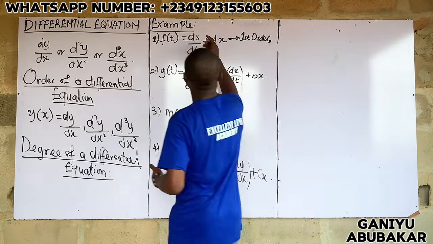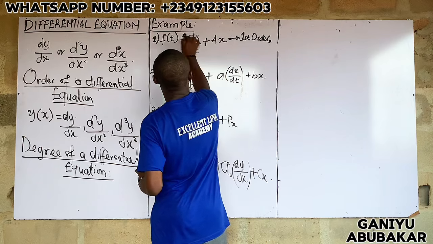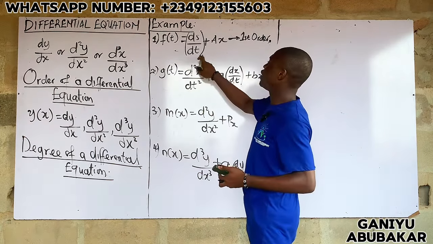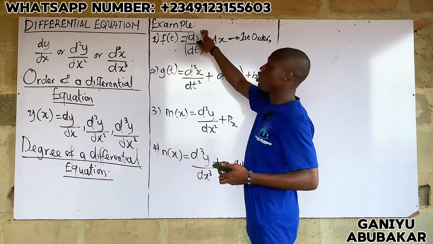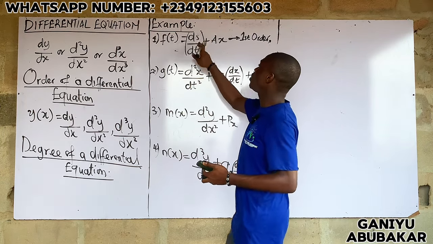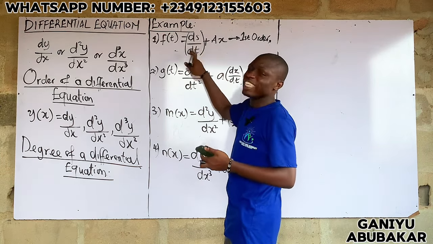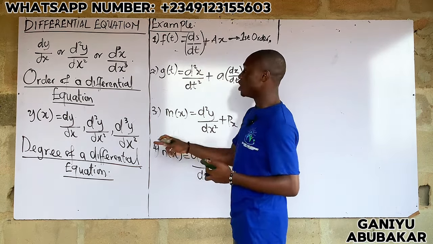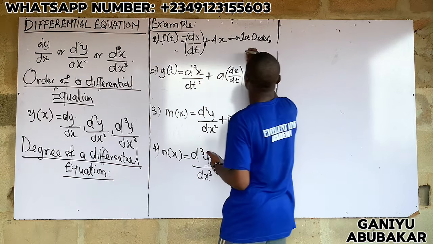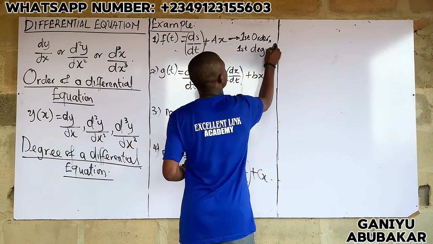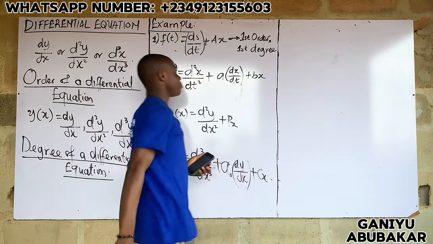So if I take this in a bracket now, the highest power here is 1. So the power to which the differential coefficient is being raised is called degree. So it is first order, first degree.